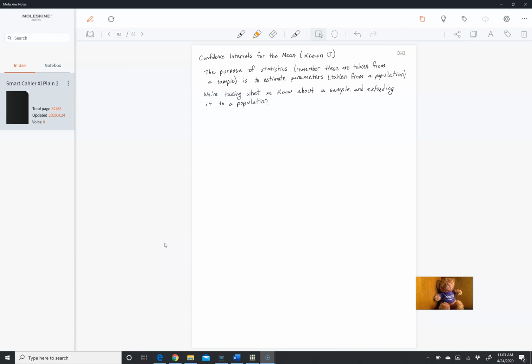Maybe it's between 5.5 and 6.5, or 5.5 and 6.8 if we're being accurate, because the sample mean is going to be the exact center of this interval, okay? So let's make the number simple. If in the sample, the average number of hours that somebody sleeps per night is 6, then we might say in the population, it's between 5.5 and 6.5. And we're going to say how confident we are about that, okay?